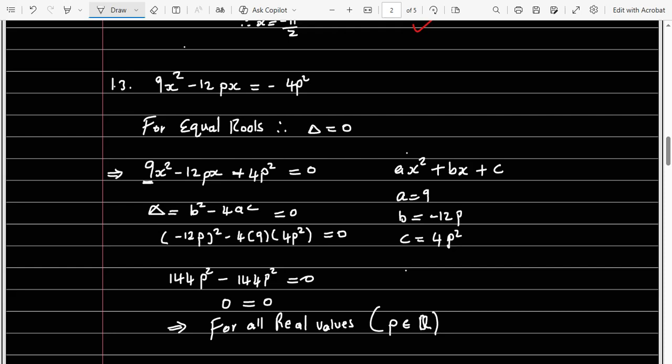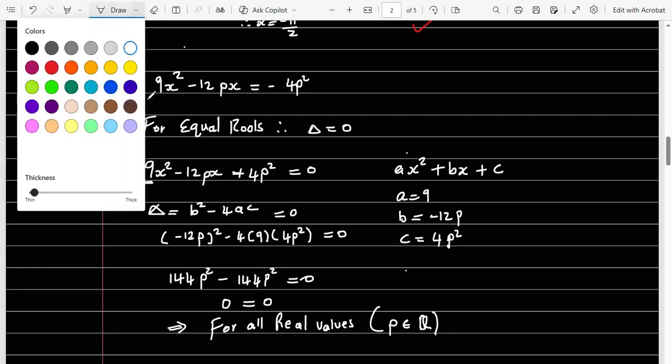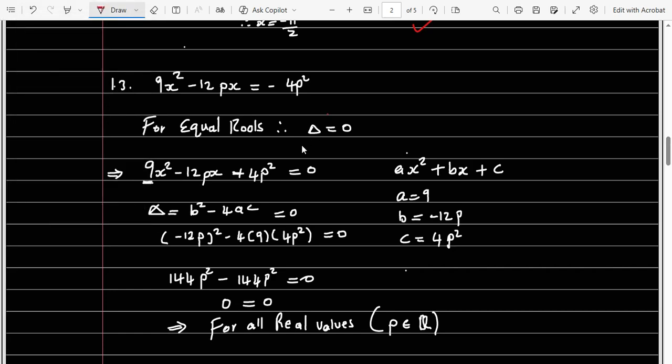When they give you the mark allocation, there's a mark for understanding that the discriminant is 0, a mark for equating that to 0, a mark for correct substitution, and a mark for the conclusion. That was 4 marks.